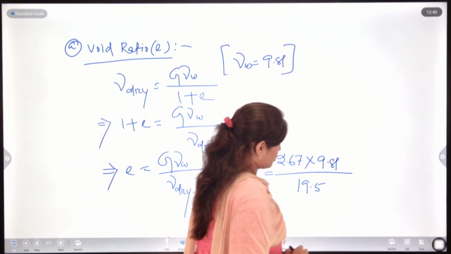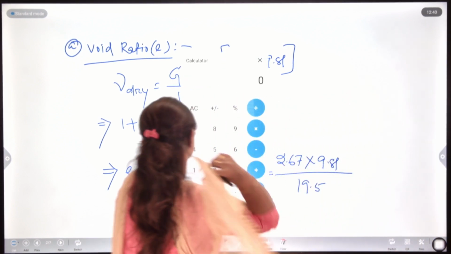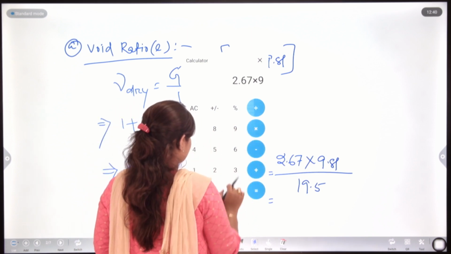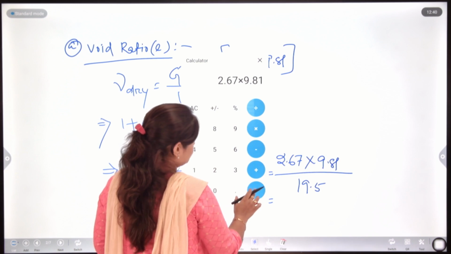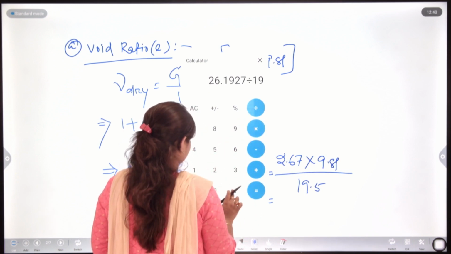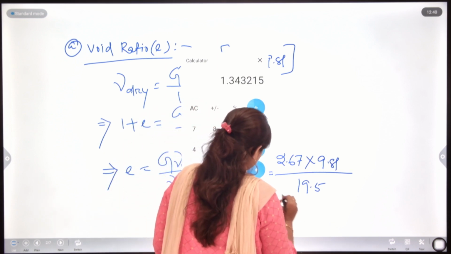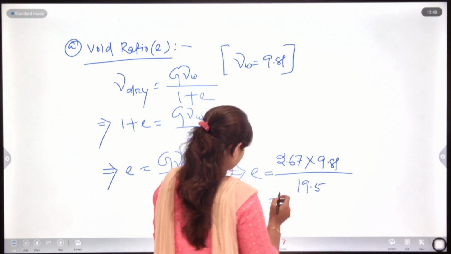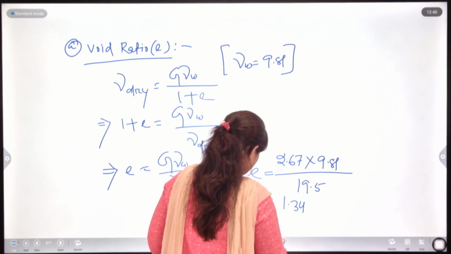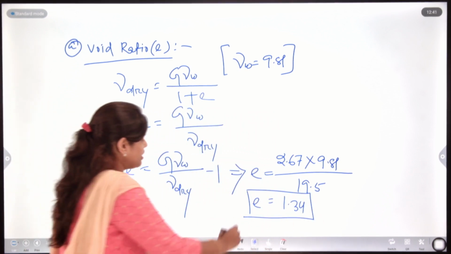By using the calculator, 2.67 multiplied with 9.81 upon 19.5. Okay. We got e equals to 1.34. Okay. By using one box, we will save it.